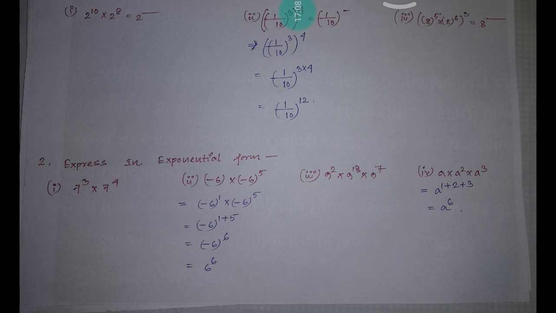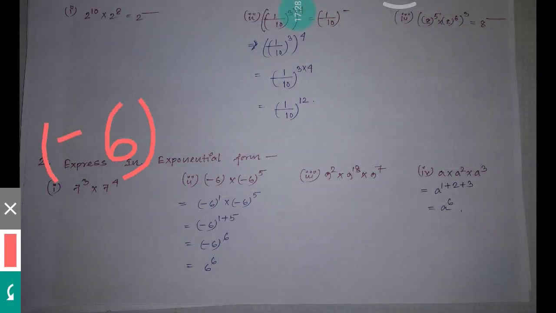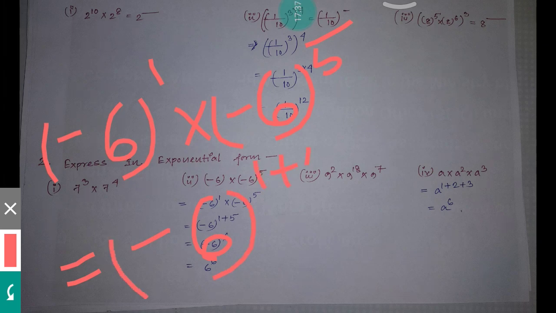Now question number 2: minus 6 into minus 6 power 5. Can you tell me what is the power of minus 6? Here nothing is written, that means 1 is there for sure. That means minus 6 power 1. But see the question, it is given minus 6 into minus 6 power 5. So can I write minus 6 power 1 plus 5?